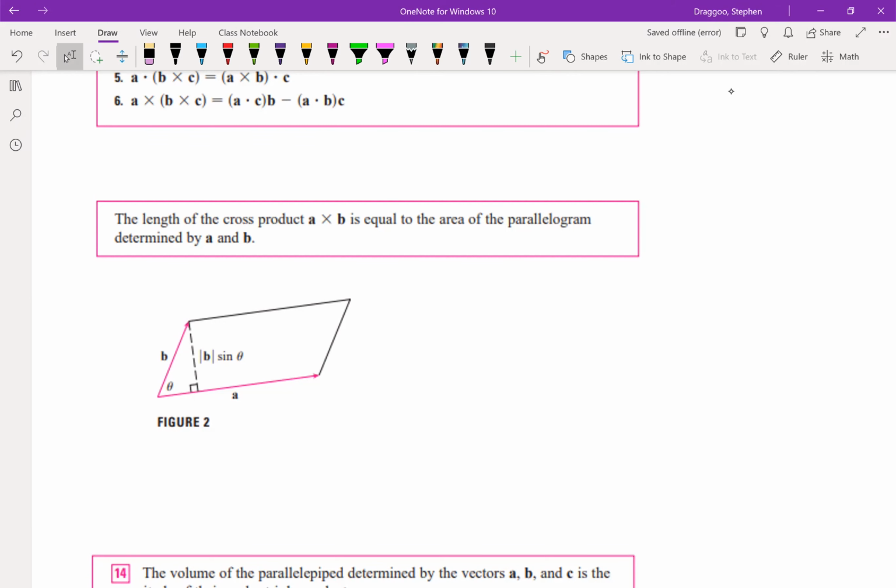So if I were to look at the area of this thing based on the diagrams that are there, I would have the length of side A, which is the magnitude of A, times the height, which based on that triangle that we've drawn out, we can see is the magnitude of B times sine theta.